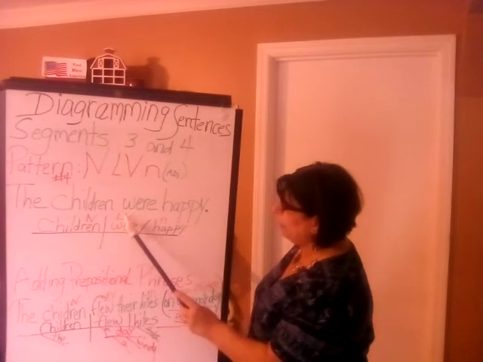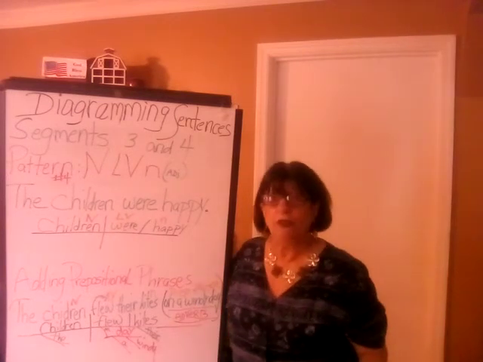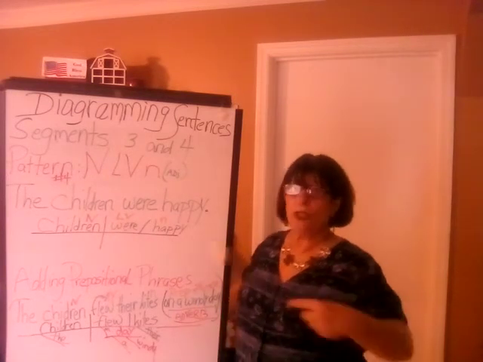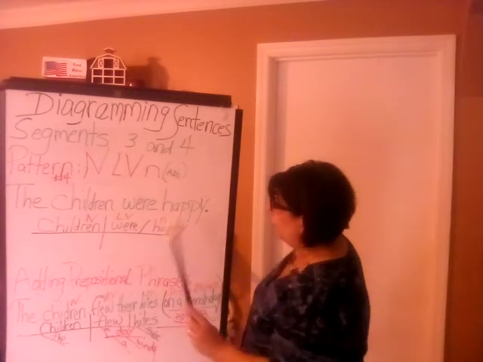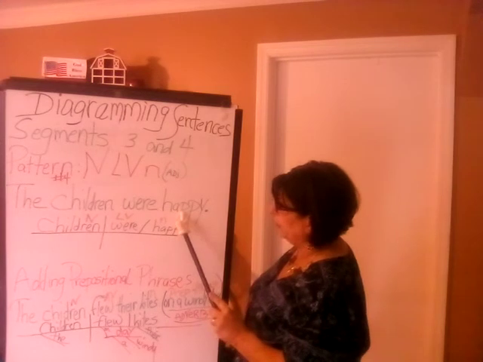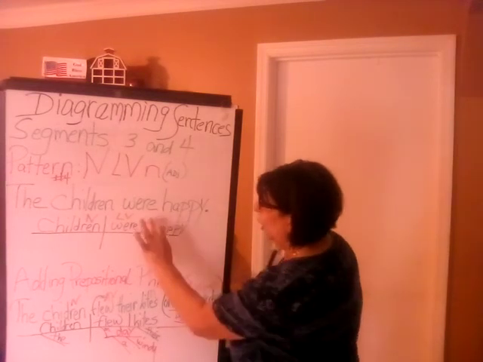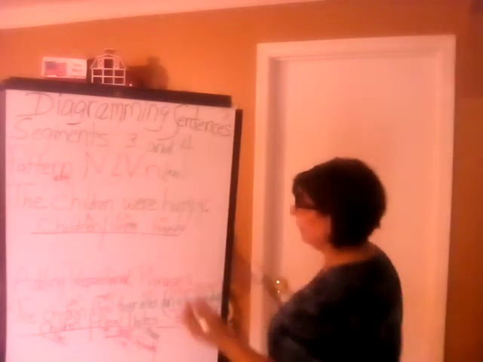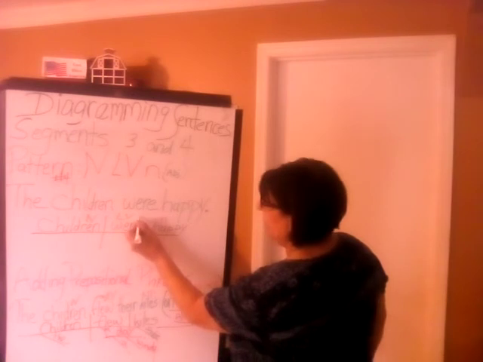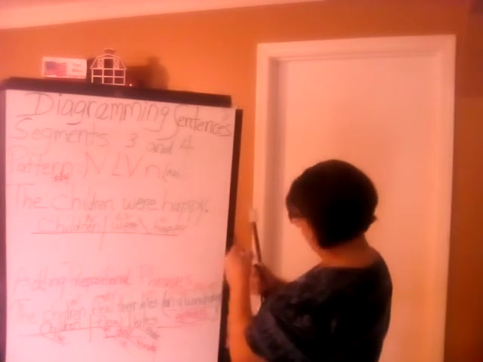Okay, because we have a linking verb, we cannot have an object. Not a direct object, not an indirect object. We do not have an object. But we do have another word in the sentence, and you caught me. You caught me. Didn't I tell you that slanted line would slant back toward the noun?